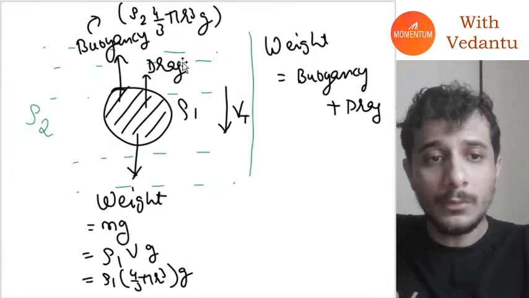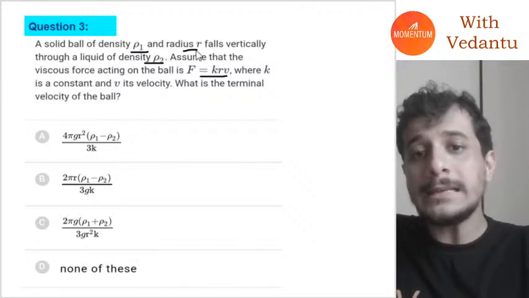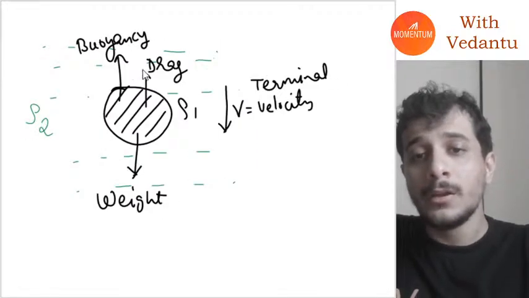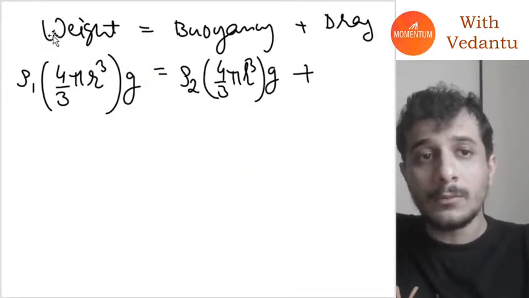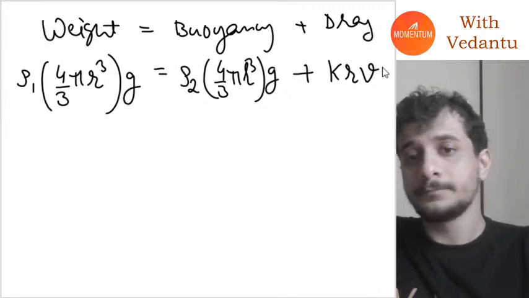Drag force is given to us already in the question. It is k into r into v. So I can just write that is equal to nothing but k into r into v.